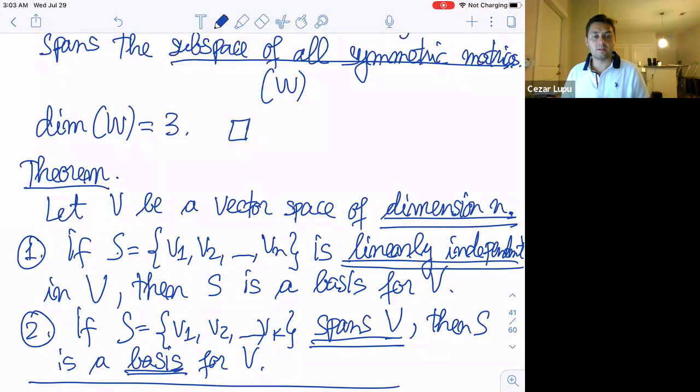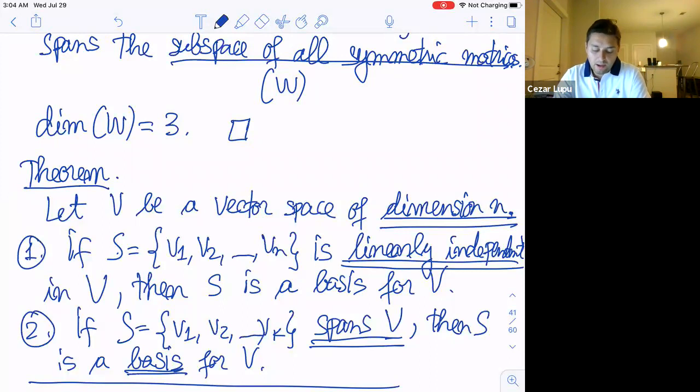The first part says the following, and I have said it previously, but let's state it clearly now: if I have a set S consisting of the vectors v1, v2, up to vn, and this set is linearly independent in V, then S is a basis for V. So it's enough for me to see that it's linearly independent, provided that the vector space is of dimension n.